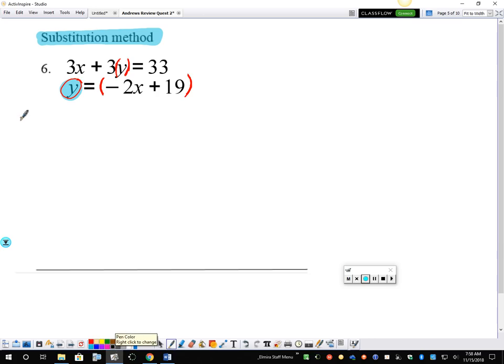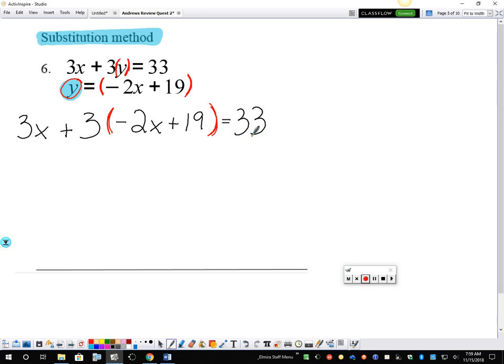So that's going to be 3x plus 3. Now I've hit that parenthesis, and I'm going to switch from the y here to a negative 2x plus 19. So I have swapped out parentheses. Then bring down equals 33. So my steps from here, I have to first distribute.